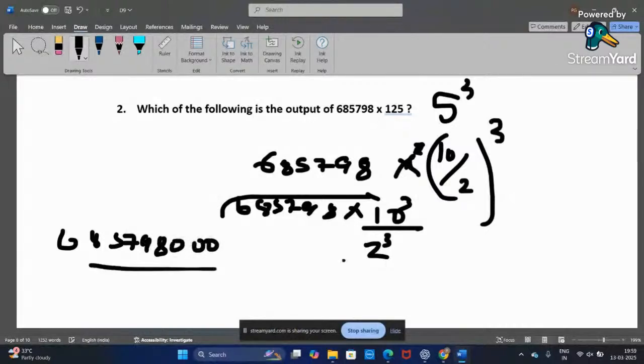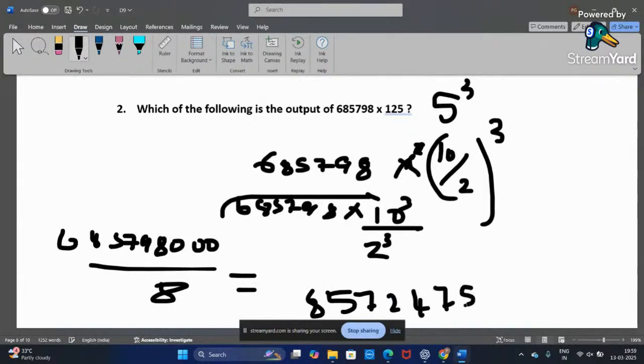Right. Divide by 2 to the power 3, it is 8. Then you divide. You will get the answer as 85724750. Whichever method is easy, you can follow that. Okay.